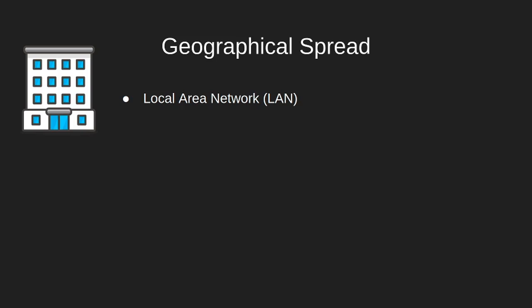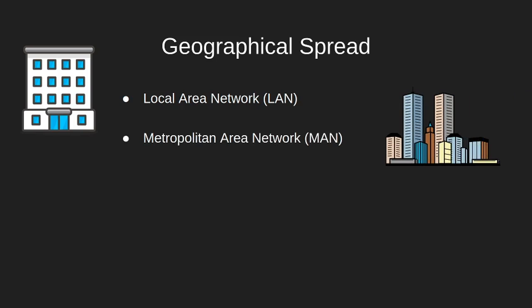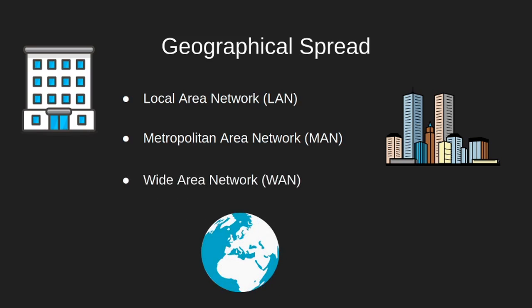A little bit bigger than a local area network would be a metropolitan area network. This would span multiple buildings within a city, or perhaps even if it's a government thing, the city as a whole. Last and the largest would be wide area networks. Things like the internet and intranets for international companies would fall into this category.